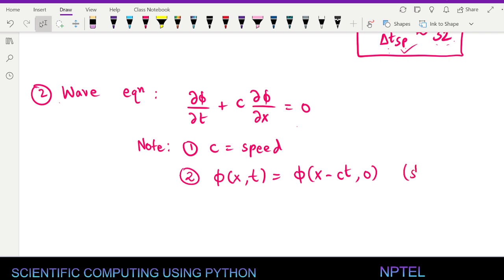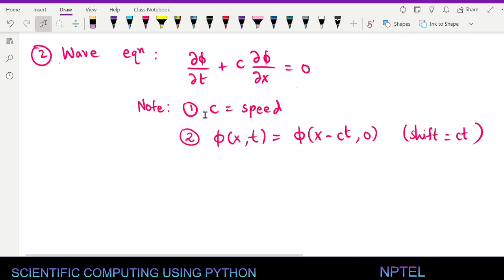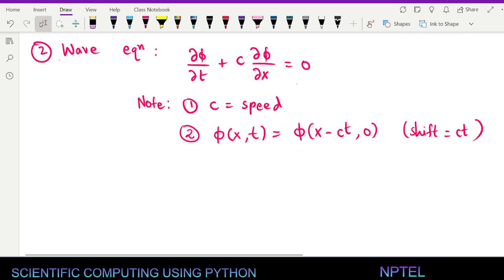So the shift is ct rightwards. So that's a general thing. Whenever you do some kind of coding and use any method, just check it. It's a sanity check.